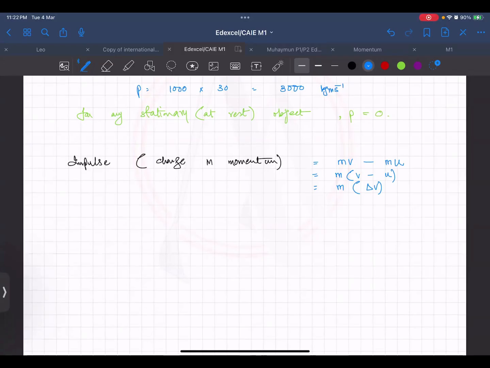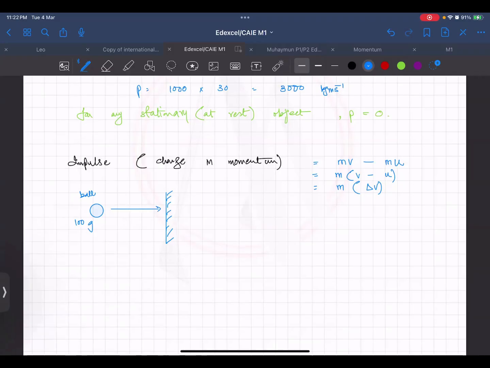For example, let's suppose there is a ball and this is the wall. Direction is very, very important, don't forget about the direction. Let's suppose this is a simple ball with a mass of 100 grams, going towards the wall.